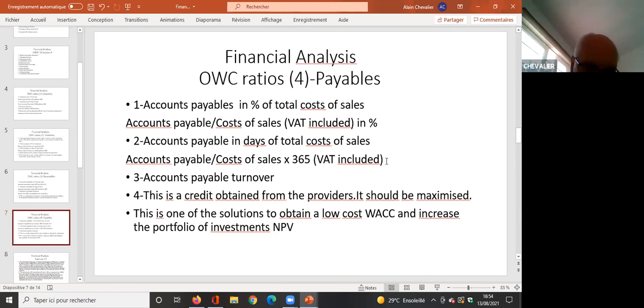You need less financial resources to finance your customer, or you obtain more financial resources from your providers.